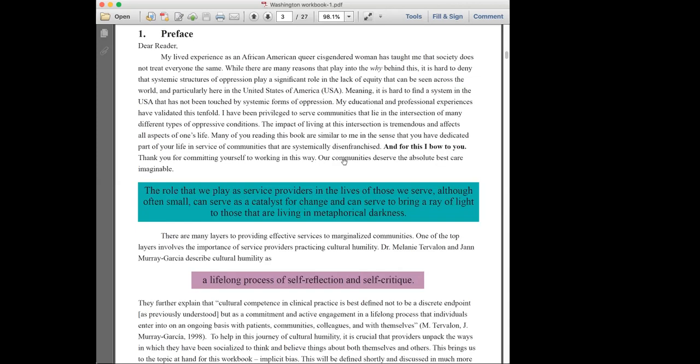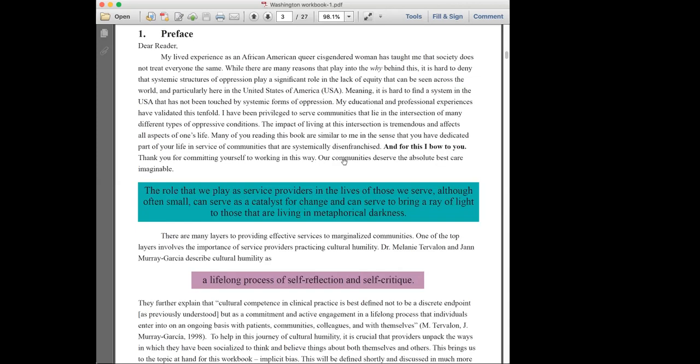Particularly for those of us that are helping professionals, not only is this type of self-reflective work important for us as just human beings, but it's really crucial for us as helping professionals to do the type of work that we're encouraging you to do in this workbook, because our own implicit biases impact those that we're working with in the community.